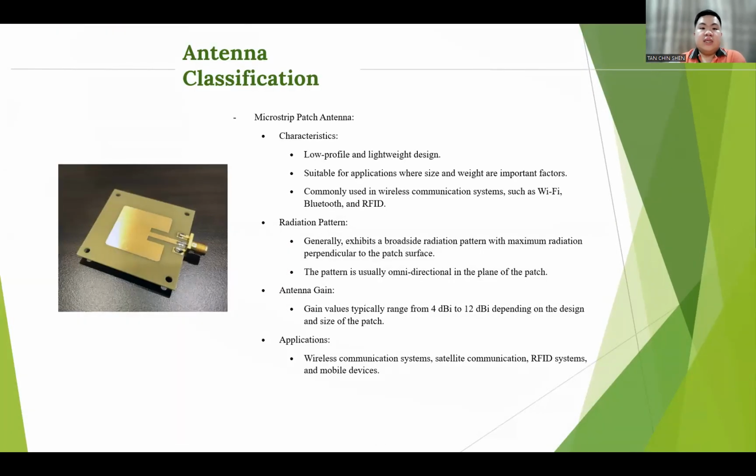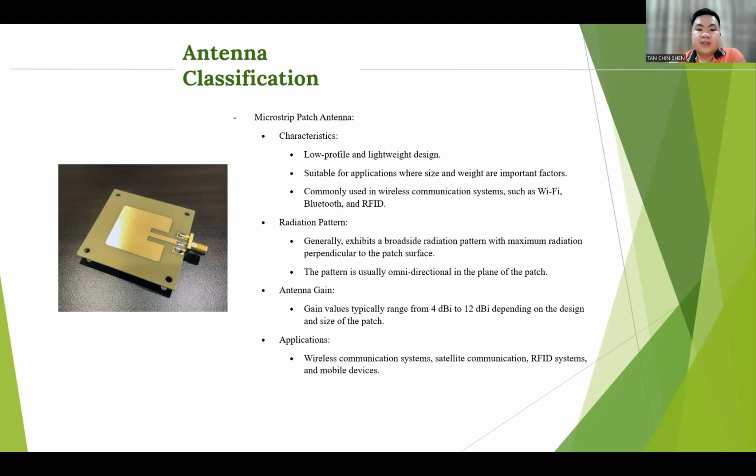In this assignment, I have chosen three antenna classifications. The first one is the microstrip patch antenna. The characteristics are low profile and lightweight design, suitable for applications where size and weight are important factors, commonly used in wireless communication systems such as Wi-Fi, Bluetooth, and RF.